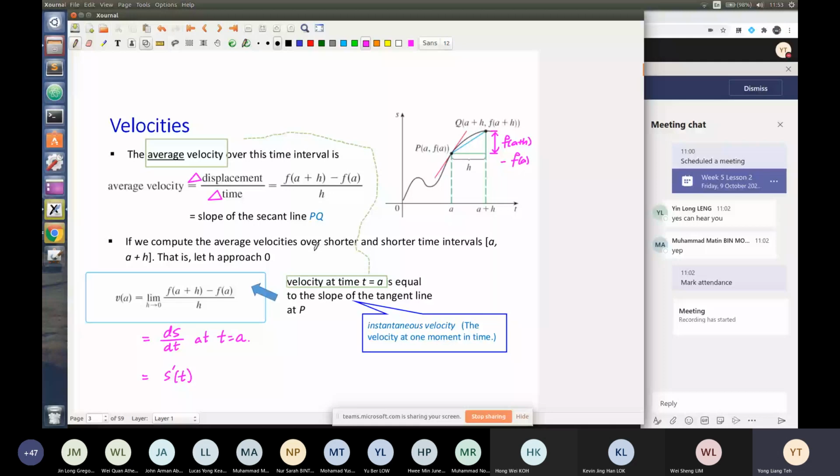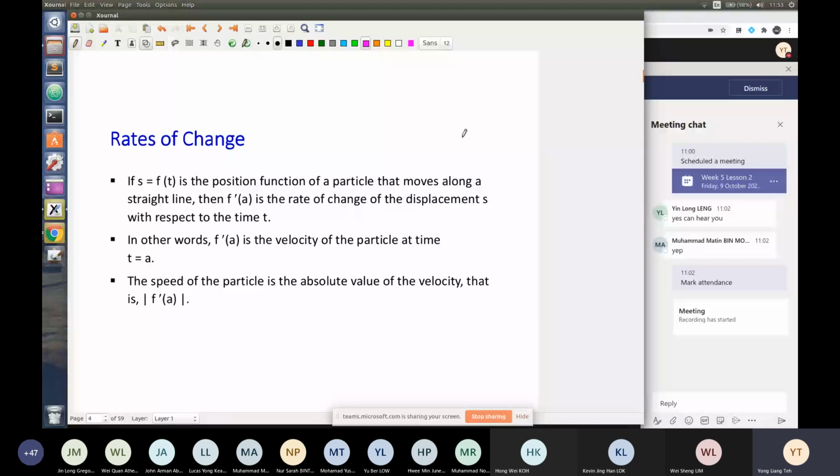As you can see from here, this is a positive velocity, which means that the displacement is increasing. Displacement before to after this point is increasing, so the gradient, which is the velocity, is positive. The slope is positive. Let me write here: this F prime A is the velocity of the particle.